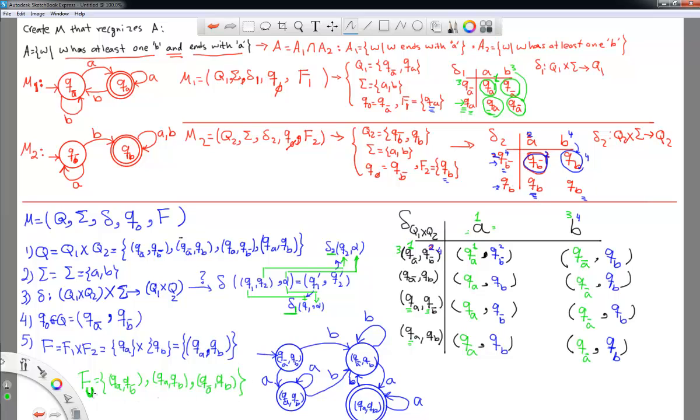The accept states for the union will be three states: the states where either QA is an accept state, or both QA and QB are accept states, or just QB is an accept state. So that would be the set of accept states of the union. This one and this one and this one will be the accept states.